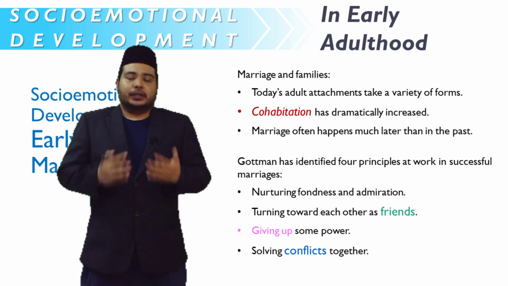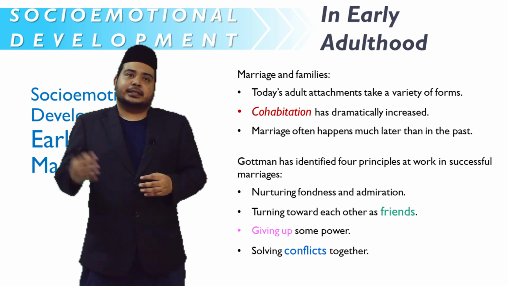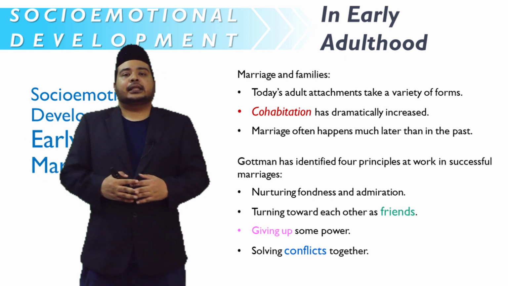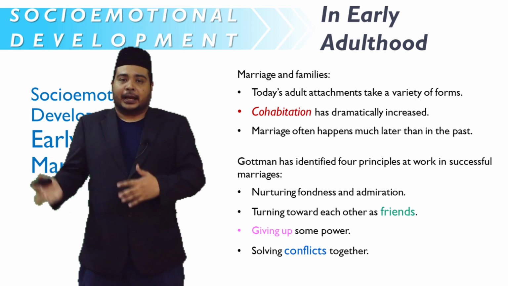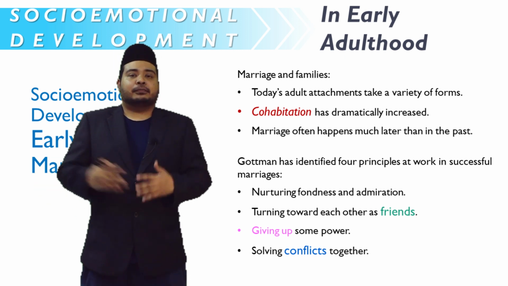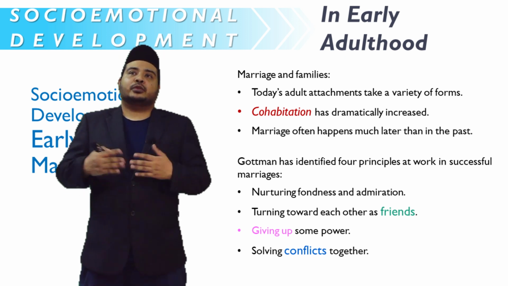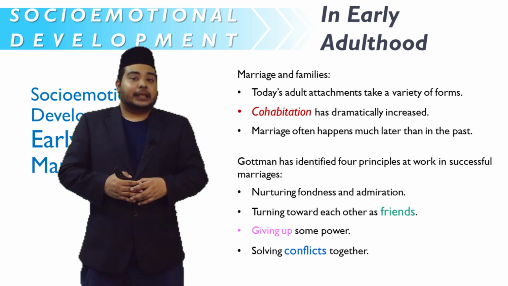Even though I talk about marriage just now, we can see trends, maybe not in our culture but in other cultures, whereby people have boyfriends or girlfriends, live together, and sometimes have children together, but they are not yet married.